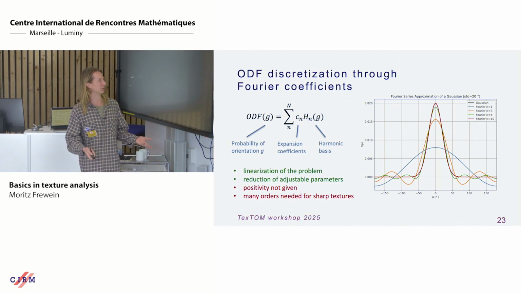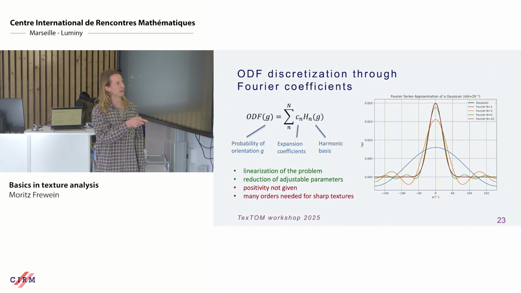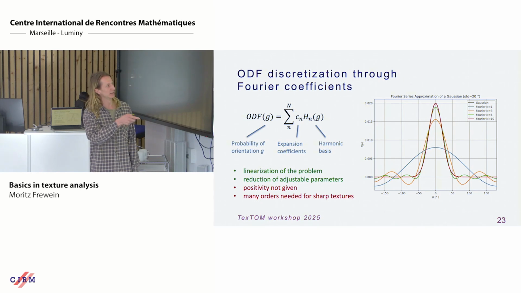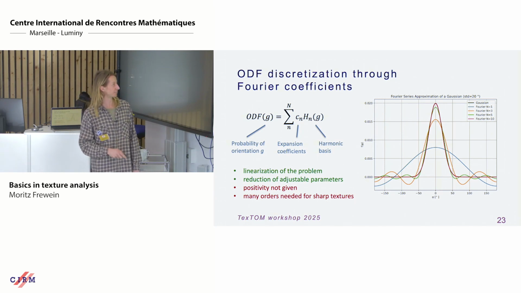So you have these harmonic basis functions, and if you add enough of them together with different frequencies, which means you increase the order, in the first order it just looks like this, and as you go higher up, you get closer and closer to the real distribution. Here, for example, at 10, we are already there, basically.